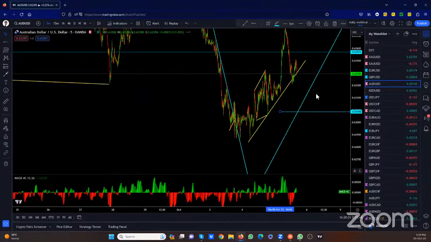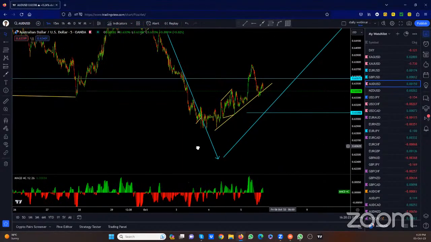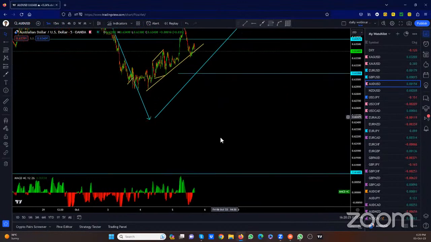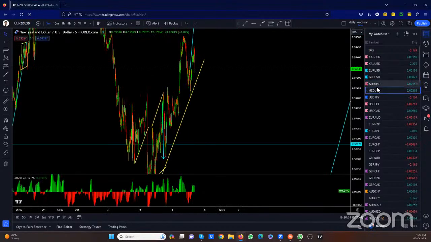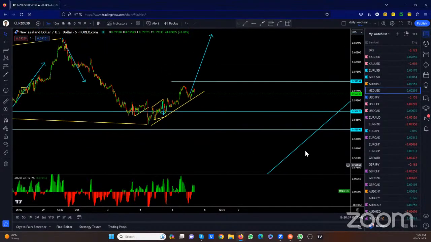So you have to put the entry shorter that distance away from that if you want the drop, right? We're coming to tag this, so that's a good sell. New Zealand, I'll put this as an active sell and change it after the news. New Zealand could go for a sell too.